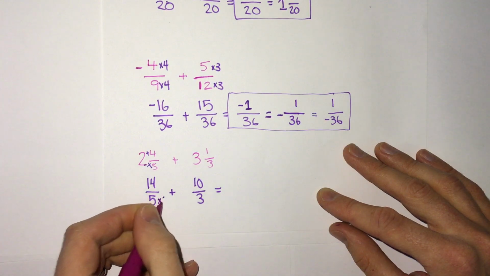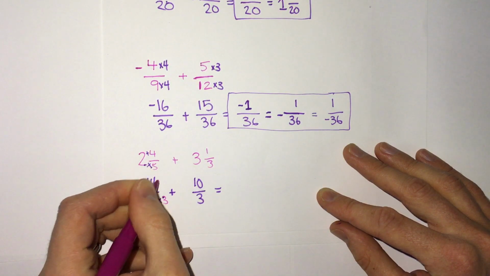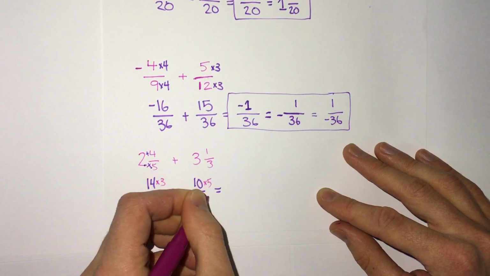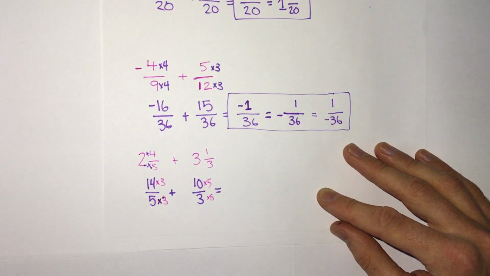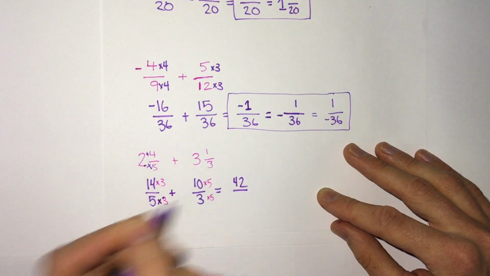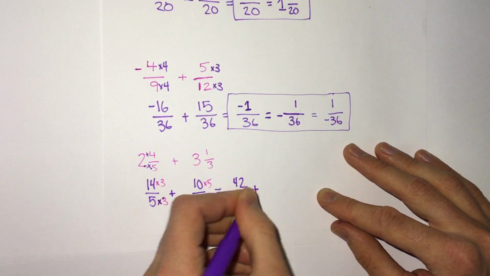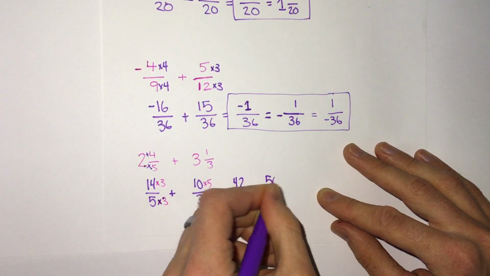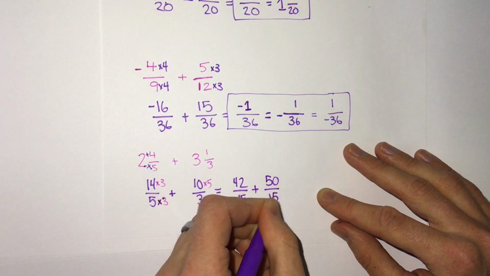We'll times the first one by 3, top and bottom, second one by 5, top and bottom, and we end up with 14 times 3 is 42/15, plus 10 times 5, we get 50 over 15.